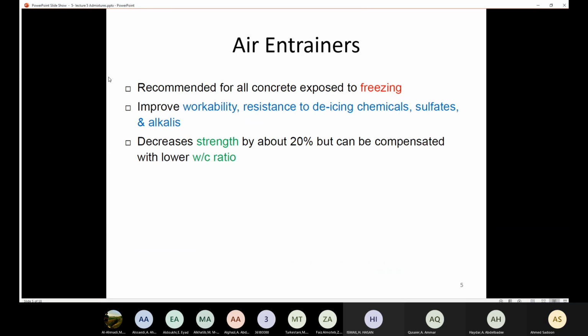So it's expected to have a decrease of about 20% when we are going to use air entrainers. But that can be compensated with a lower water cement ratio. So you need to use a water cement ratio less than the normal, so that you are going to compensate for the loss of the strength.